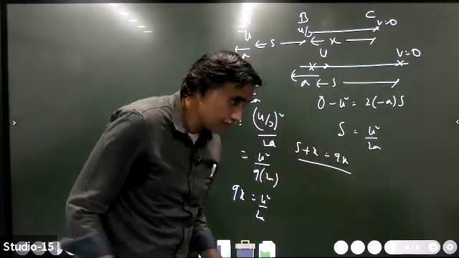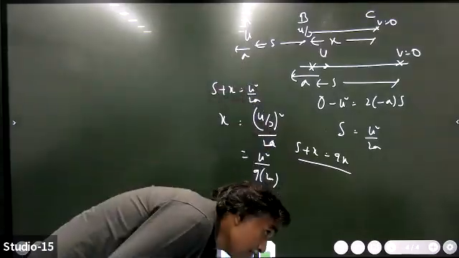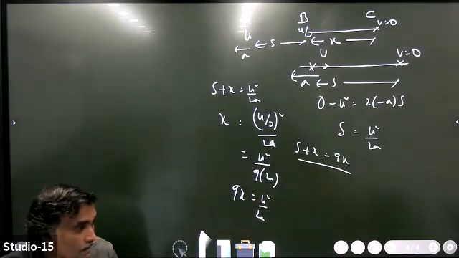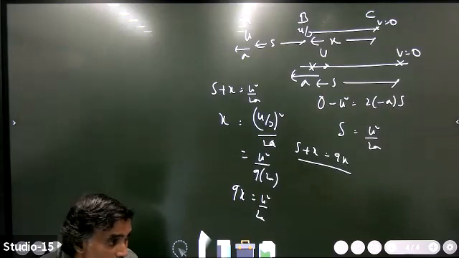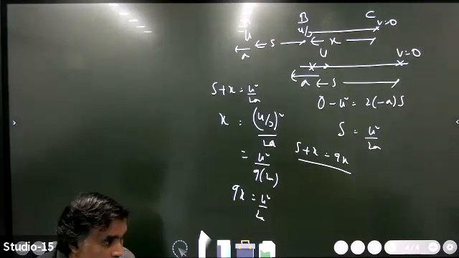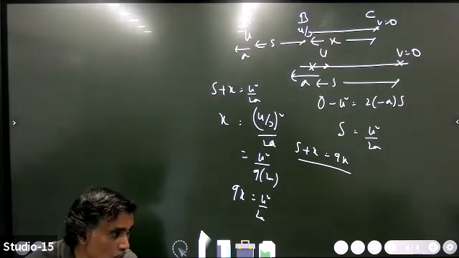Follow? Any doubt? Shiva? What is stopping distance? u square by 2a. Stopping distance means the distance it travels until it stops.